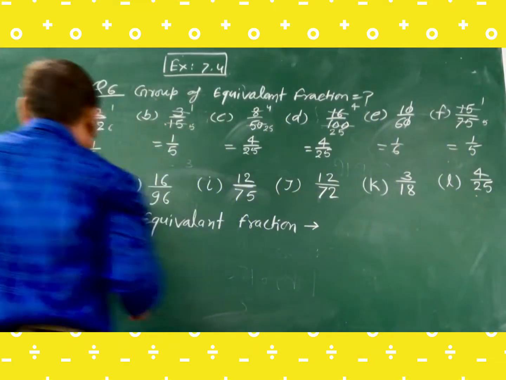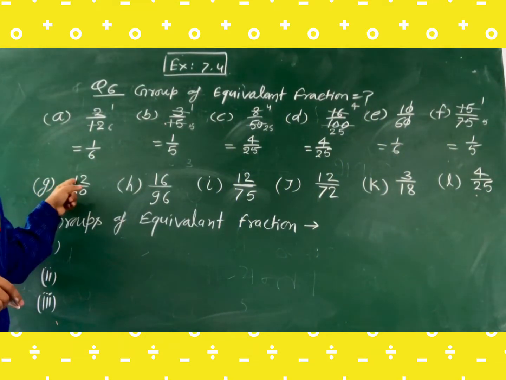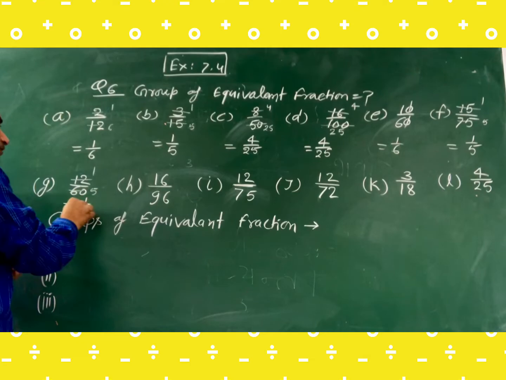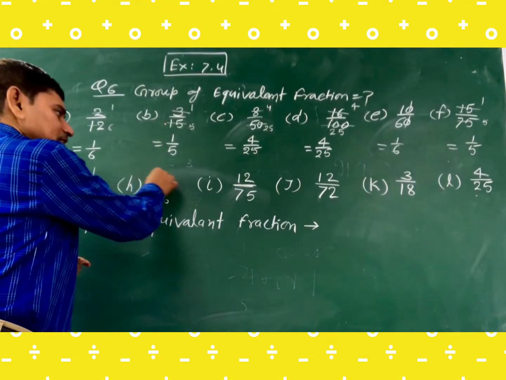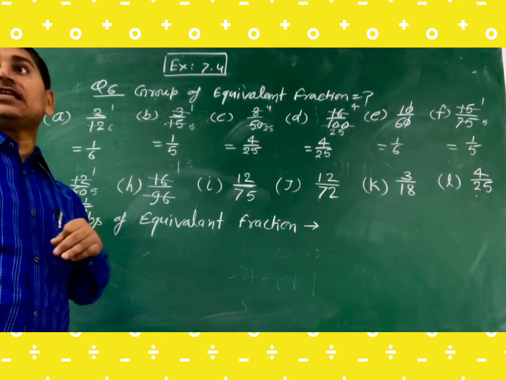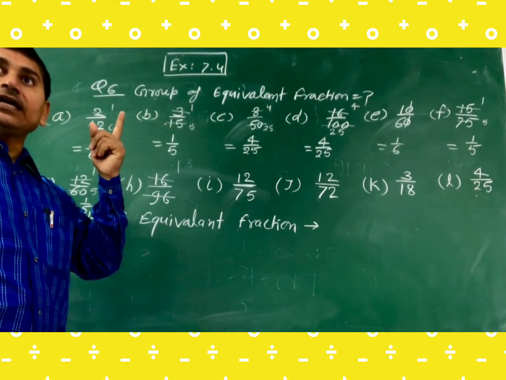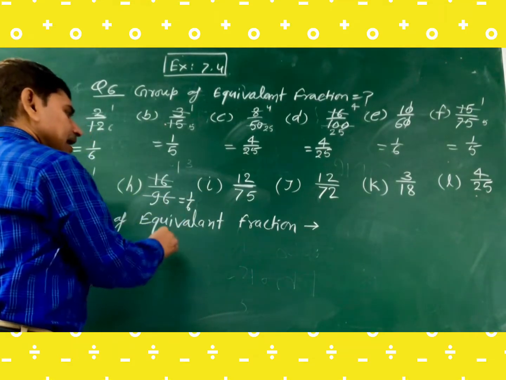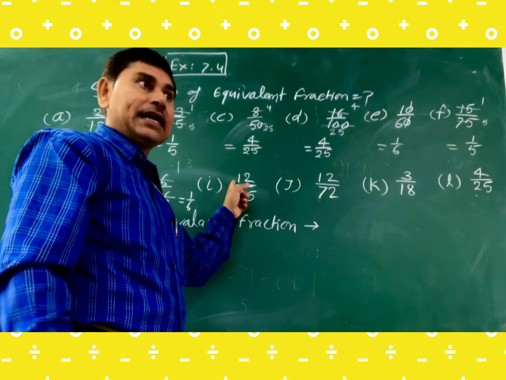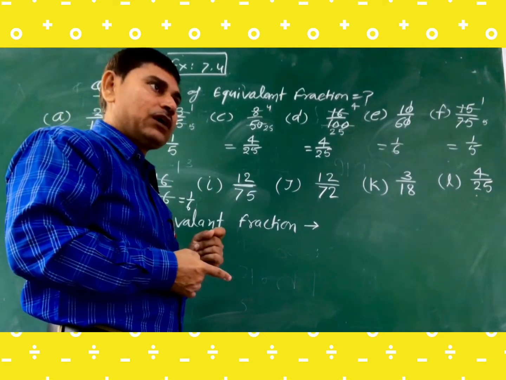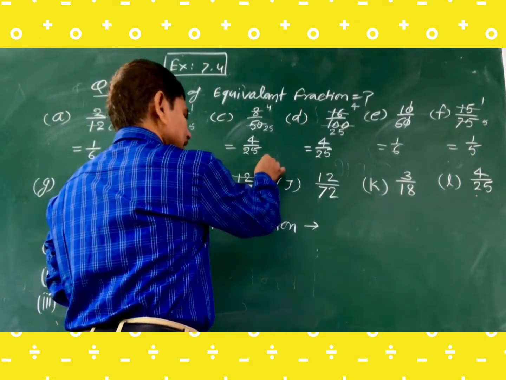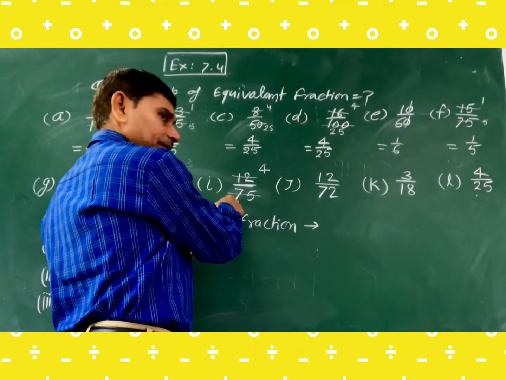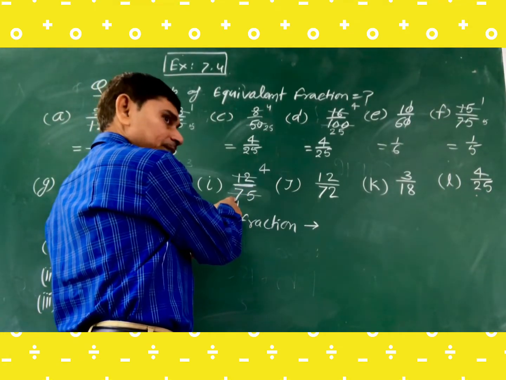Okay, very nice. Now this is 12 ones are 12 and 12 fives are 60, which means 1 by 5. And now 16 ones are 16 and 16 sixes are 96. You know that this is 1 by 6. After that, again here you will cancel by only 3. 3 fours are 12, 3 ones are 3, and 4 is remaining.